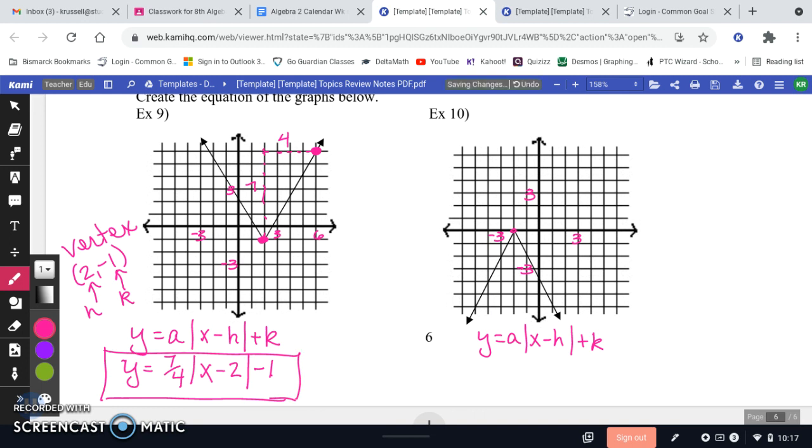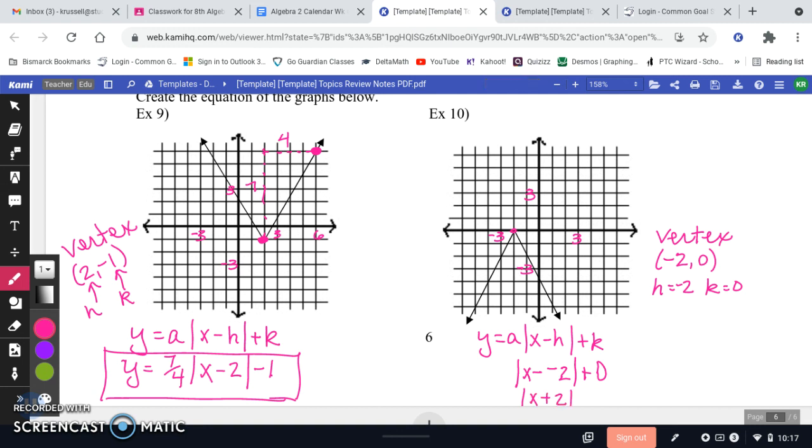Okay, this one, my vertex is at -2, 0. So h is a -2, k is a 0. So x minus a -2 is going to end up x plus 2.